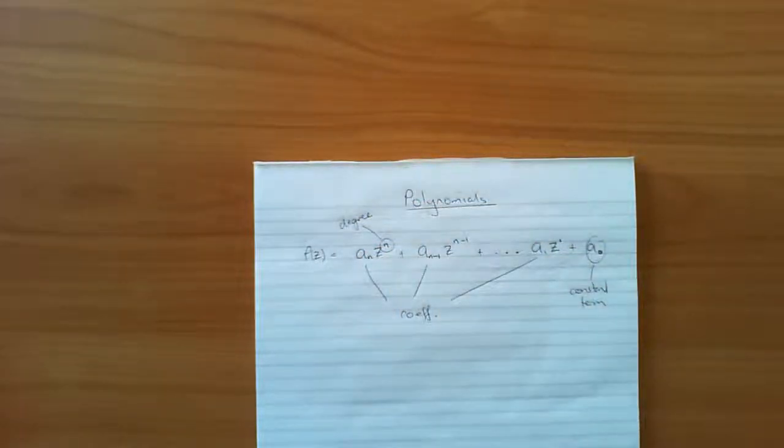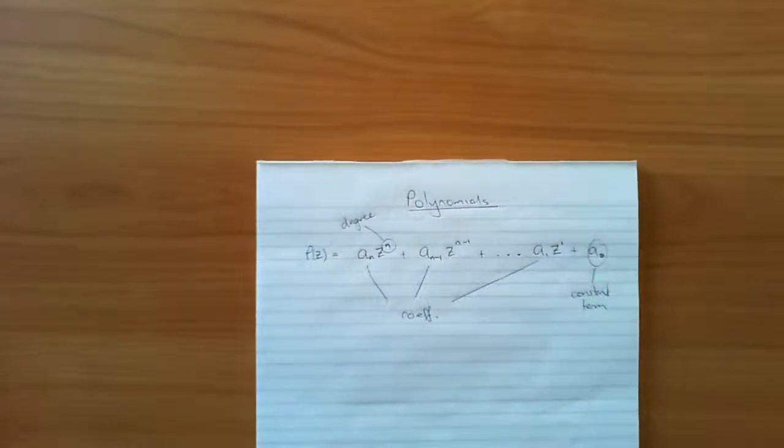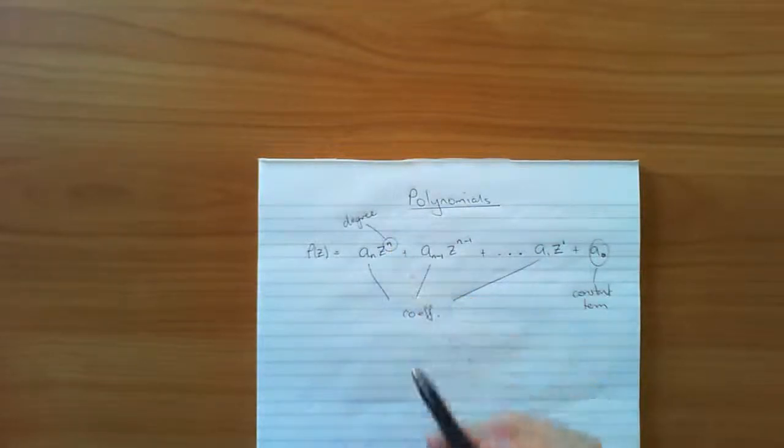The degree of the polynomial is the highest power. Naturally, it's a whole number. We don't have fractional powers in polynomials, just whole powers. So n is what we call the degree of the polynomial.